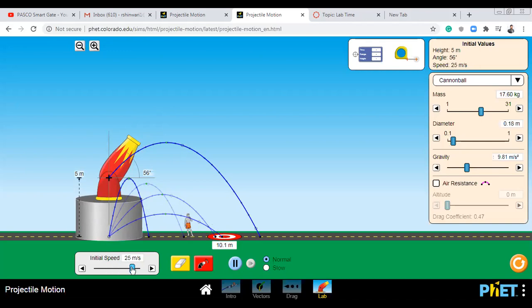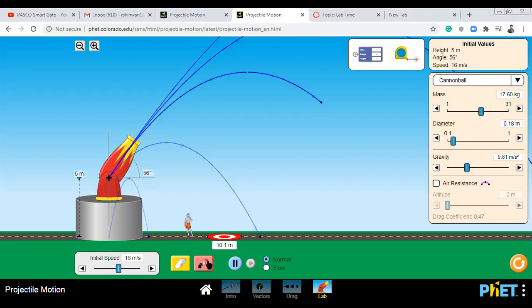So if you increase the initial velocity, you can see, at 56 degrees, height 5 meters, the range is 27.1.